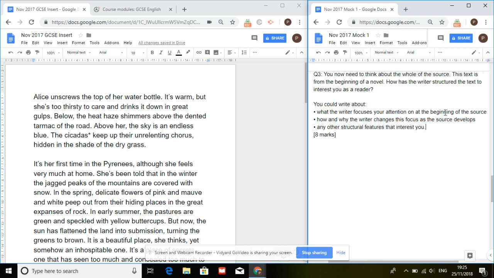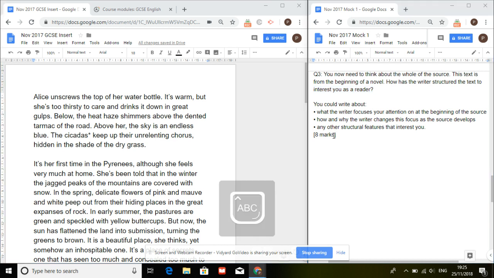So I'm reminded that I need to write about what's happening at the beginning of the source, what the writer is focusing on. I need to write about some changes in focus, like what's happening in the middle and the end. And I need to always say why that focus, why that structure is interesting to me as a reader.